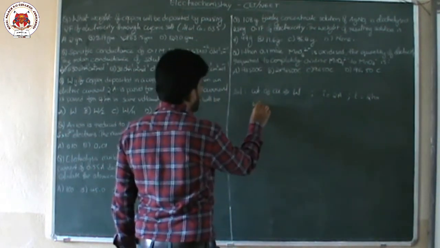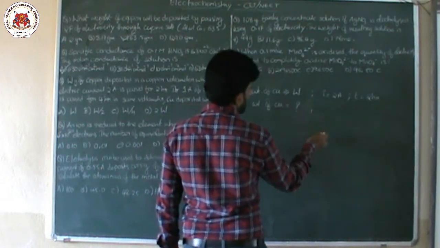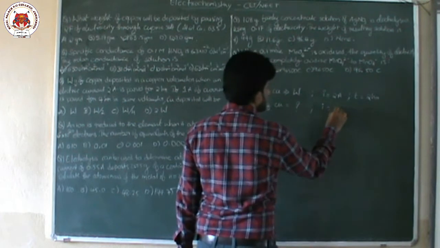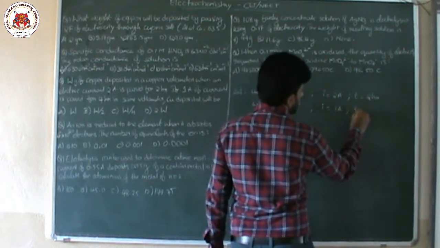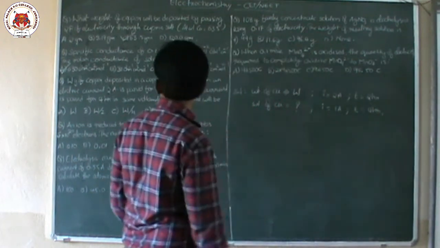Then what will be the weight of the copper deposited if the current passed is 1 ampere for time 4 hours? That is our question.